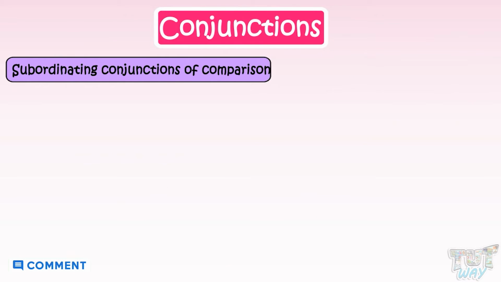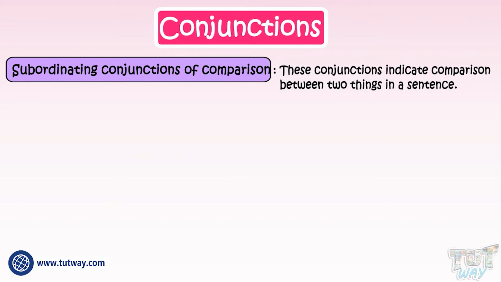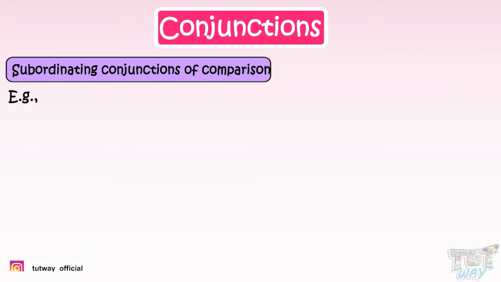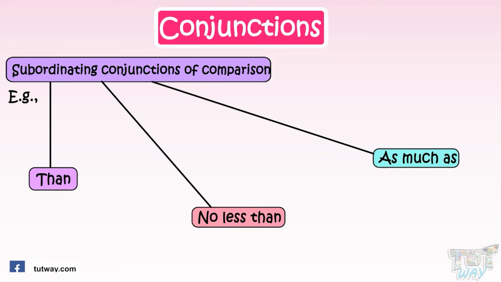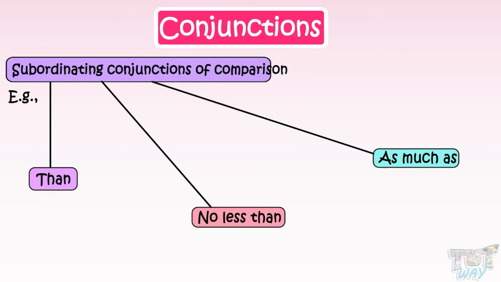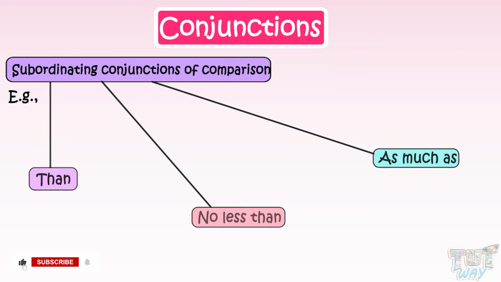Now next learn conjunctions of comparison. These conjunctions indicate comparison between two things in a sentence. For example, than, no less than, as much as, etc. Let's see some example sentences containing conjunctions of comparison.